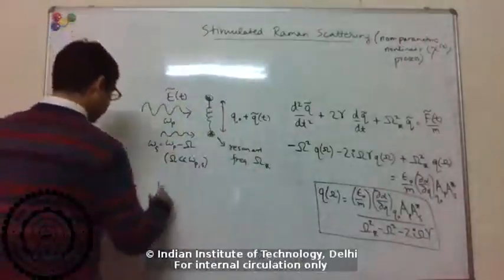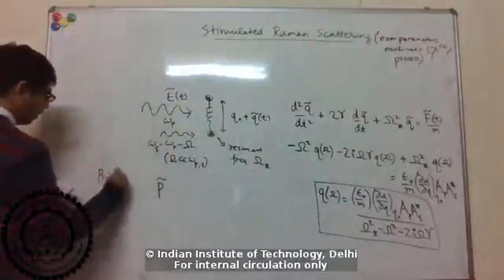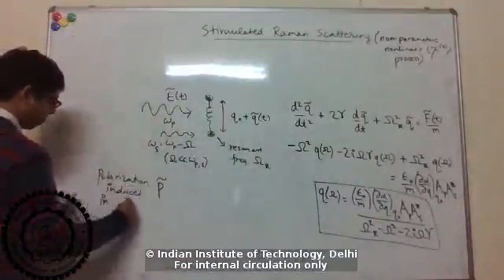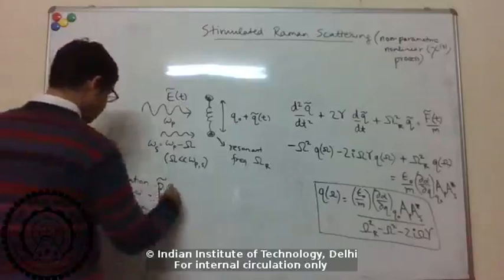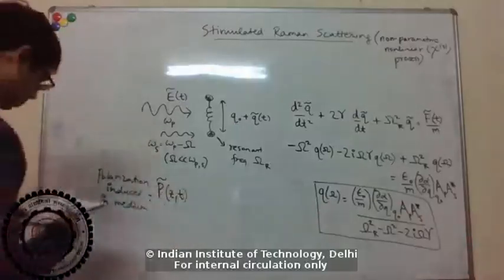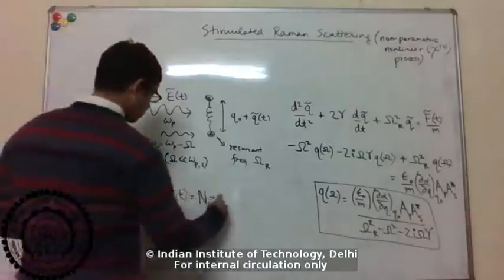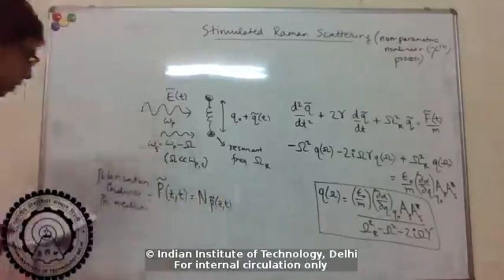Right. So this polarization, capital P, I can write again as the atomic density times the atomic dipole moment, or the small p.